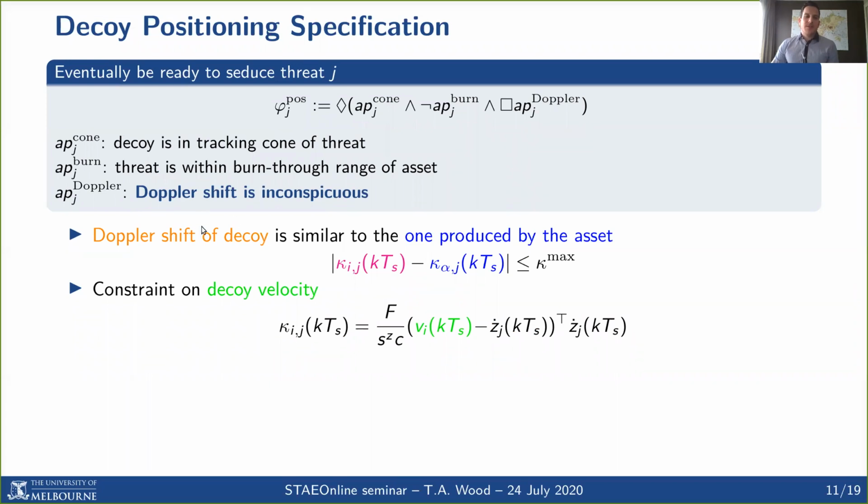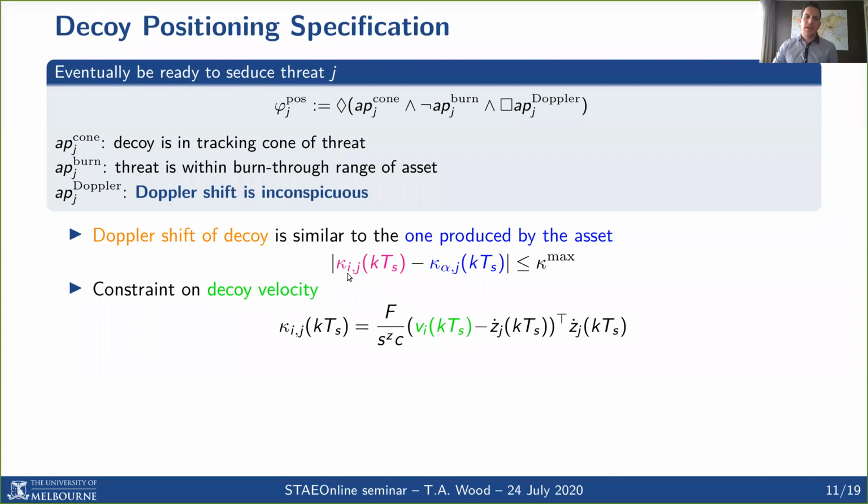And then the third proposition is the condition on the Doppler shift. The Doppler shift of the decoy should not be too different from the Doppler shift of the asset, from the perspective of the threat. And the Doppler shift is a function of the relative velocity of the decoy towards the threat.